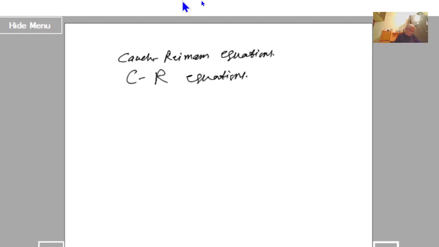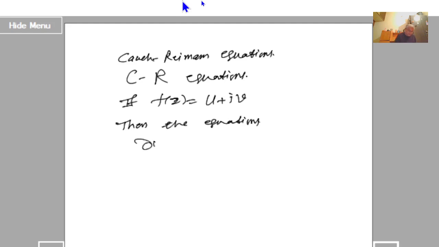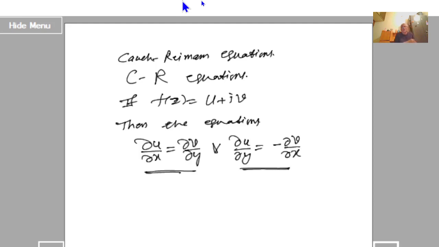What are CR equations? If f of z is equal to u plus iv is a complex valued function, then the equations u_x = v_y, and u_y = -v_x. These two equations are known as Cauchy-Riemann equations, that is CR equations.